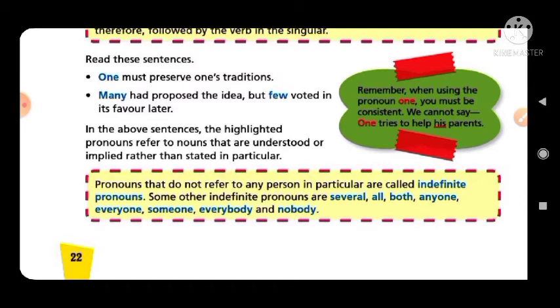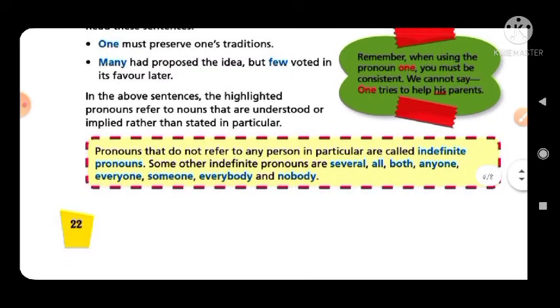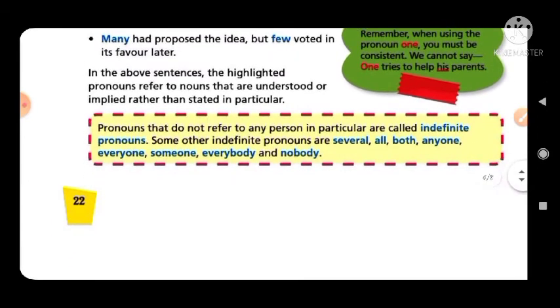So in the above sentences, the highlighted pronouns refer to nouns that are understood or implied rather than stated in particular. Now, the definition of indefinite pronoun: pronouns that do not refer to any person in particular are called indefinite pronouns.